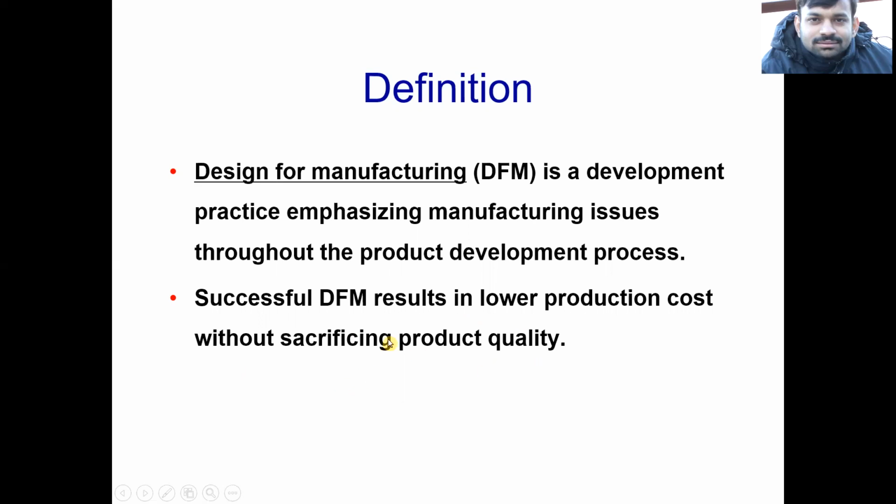If we implement this design for manufacturing properly, we'll get a better quality product at lower cost. So design for manufacturing is a practice which emphasizes the manufacturing issues throughout the product development process.